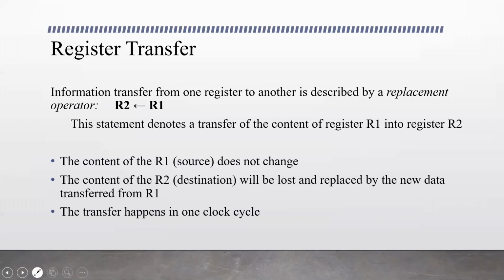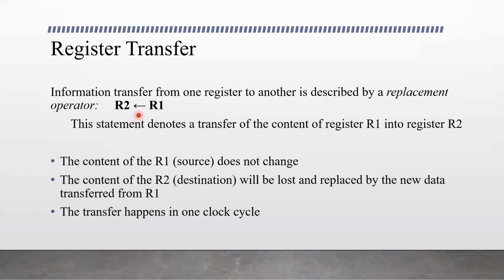Now take the micro operation, transfer of information from one register to another. This is the instruction R2 ← R1. This arrow is called the replacement operator, because it replaces the content of R2 by the content of R1.